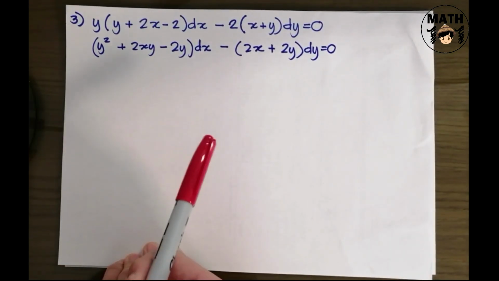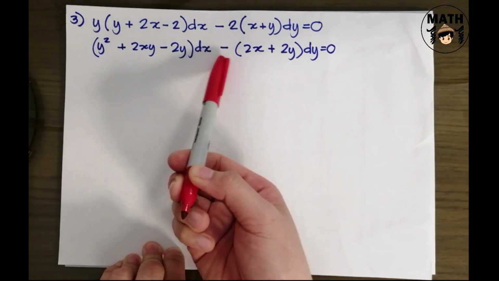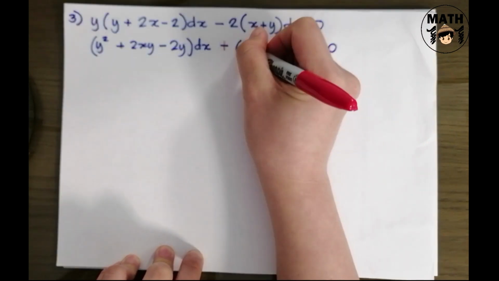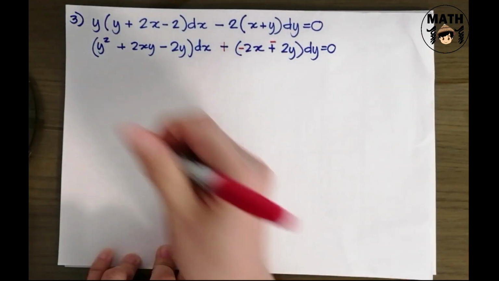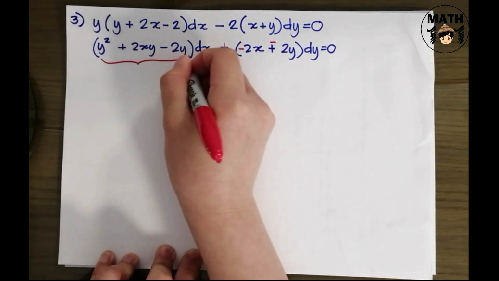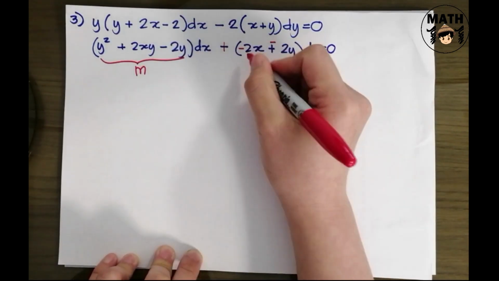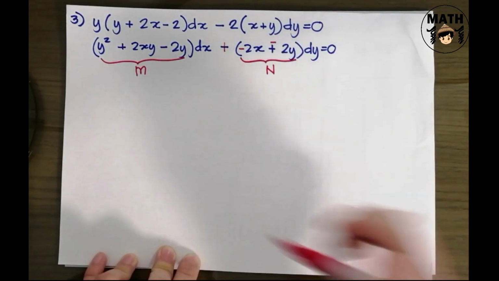Para maisulat natin siya sa form na M dx plus N dy equals 0, kailangan i-distribute natin yung negative dito. Distribute na natin siya, so this will become positive, and this will become negative, in the same way, ito negative na din. So this is M dx plus N dy equals 0.